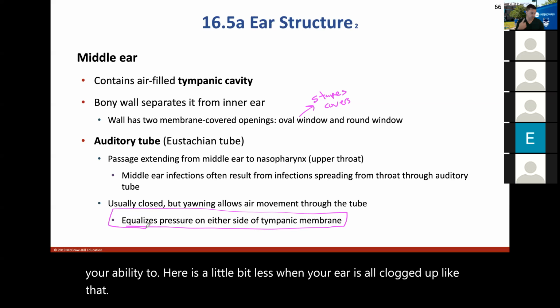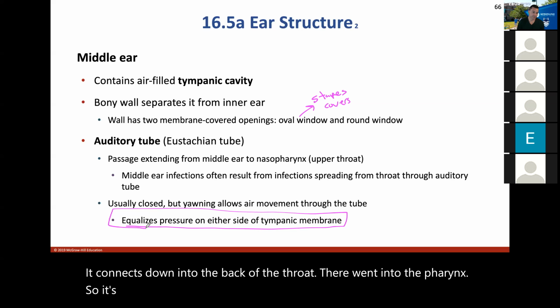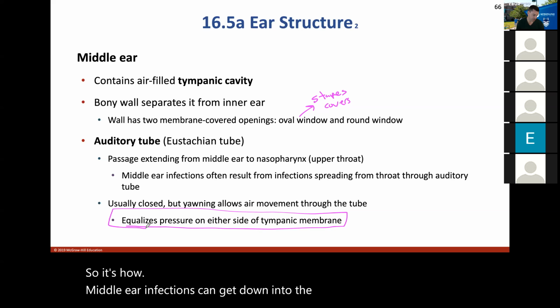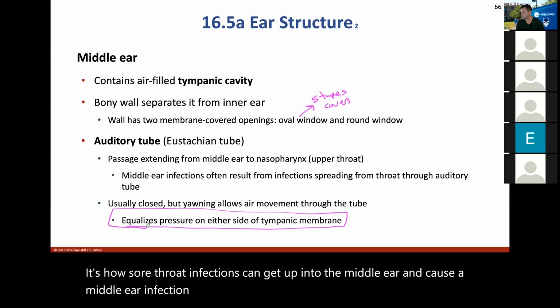It connects down into the back of the throat, into the pharynx. So it's how middle ear infections can get down into the throat and cause a sore throat. It's how sore throat infections can get up into the middle ear and cause a middle ear infection. But I assume you all know that. The fancy name for that is otitis media, right?